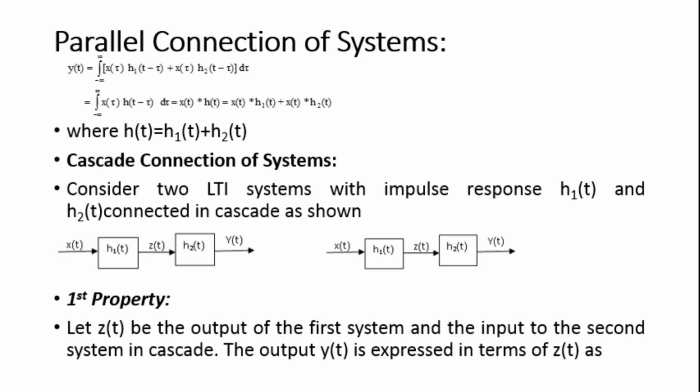Then the first property: let z of t be the output of the first system and the input to the second system in cascade.